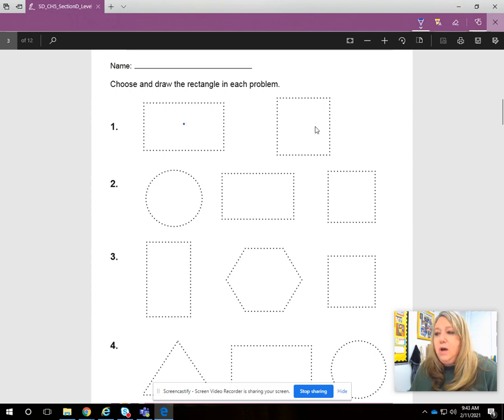So looking at number one right here, first we look at these two shapes. Here's shape one, here's shape two. Which one of these shapes is the rectangle? We have to think about it a little bit. We talked about how a rectangle has two sides that are long and two sides that are shorter than the other two sides. In this shape right here, we have four sides, 1, 2, 3, 4, but guess what?